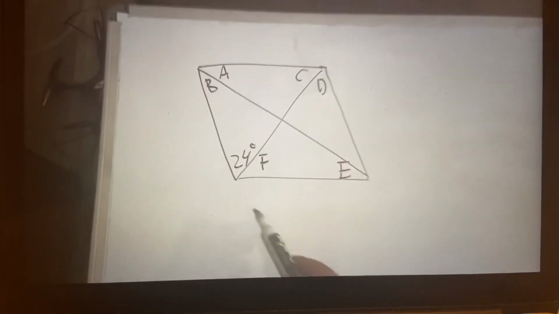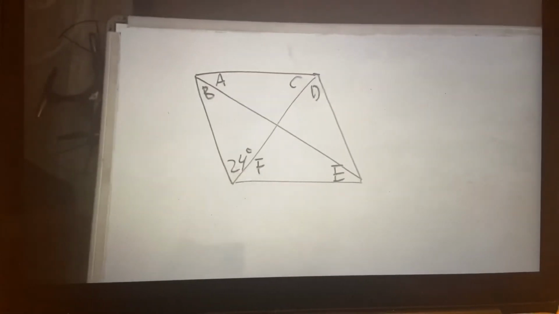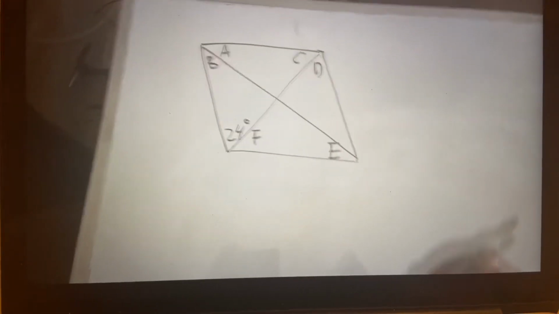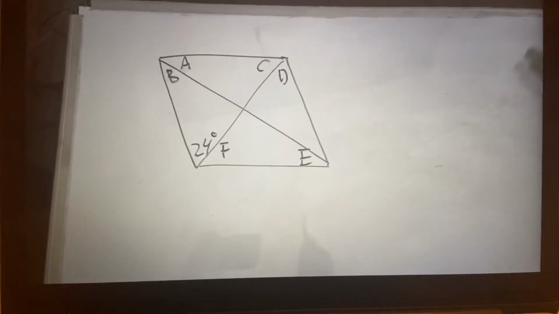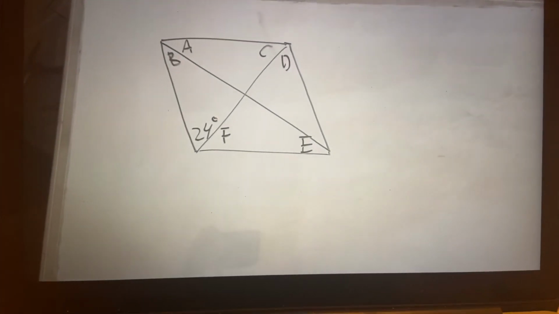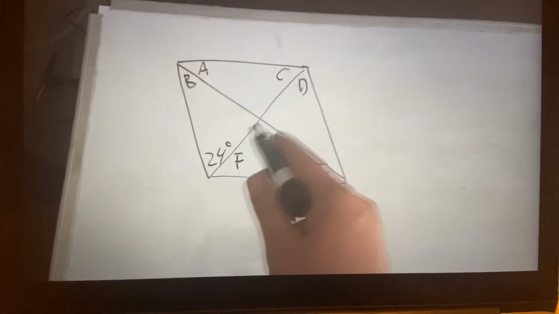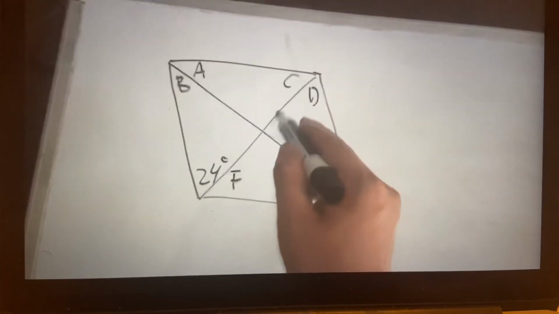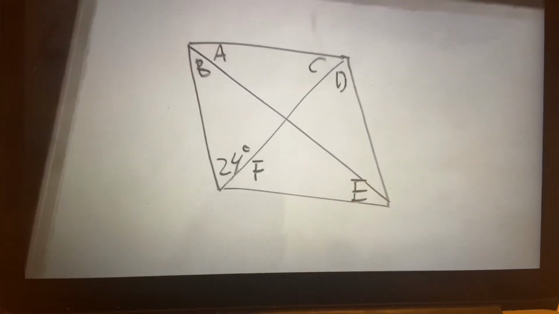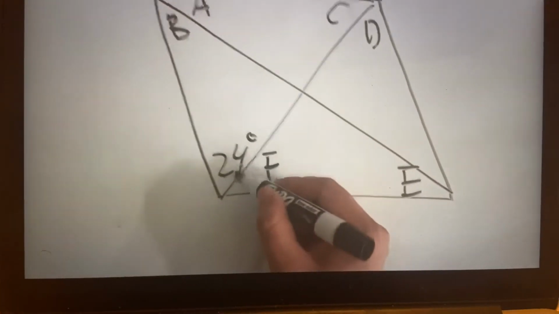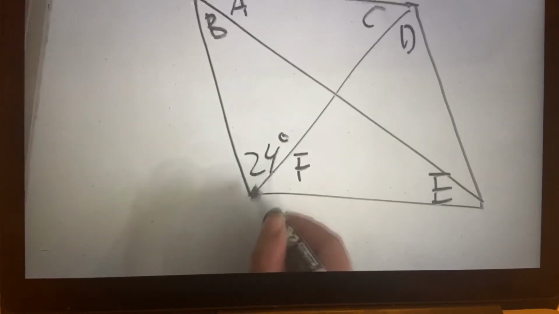Okay, here's the next problem, y'all. So here we have to find all of the missing angles, and they give us one angle, which is 24 degrees. Okay, again, this is a rhombus. So what do we know about a rhombus? We know that the diagonals bisect the opposite angle.